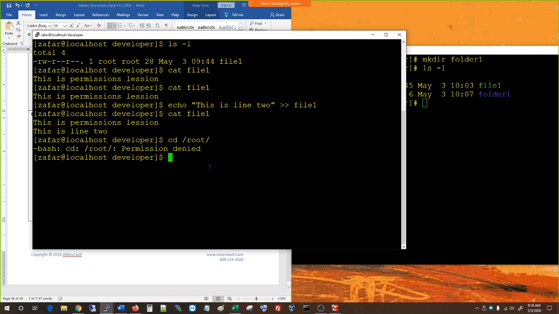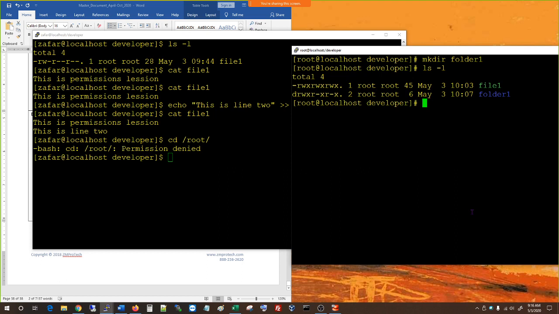Okay, the permission is denied for root. Root directories have execute permission, but not for others.